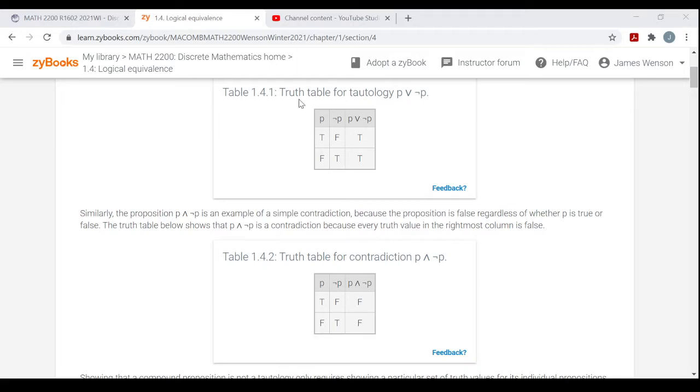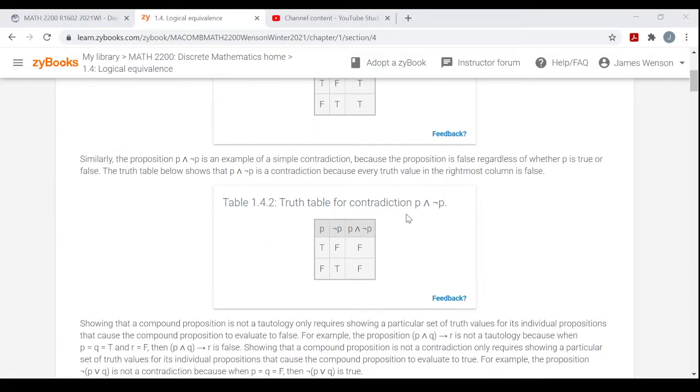The simplest example of a tautology is the statement P or not P. The disjunction, P or not P, because either something is or it is not. This is always true, and you can see the truth table here, where the column for P or not P is all T's.